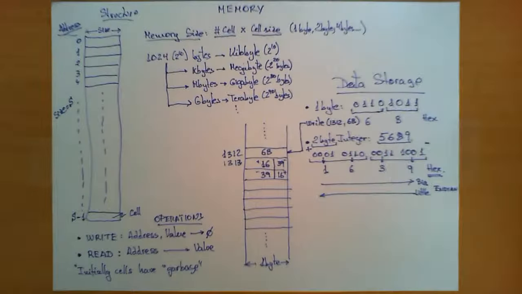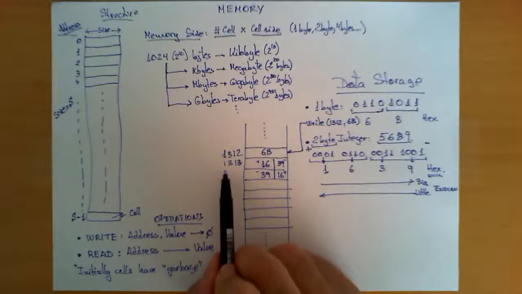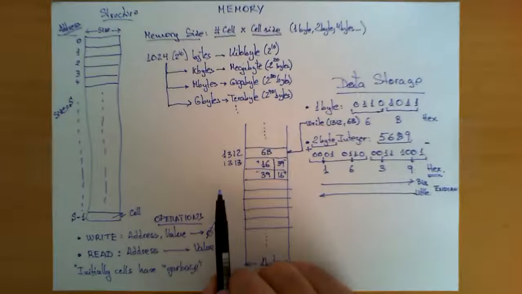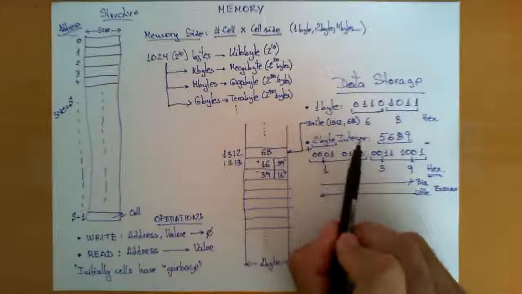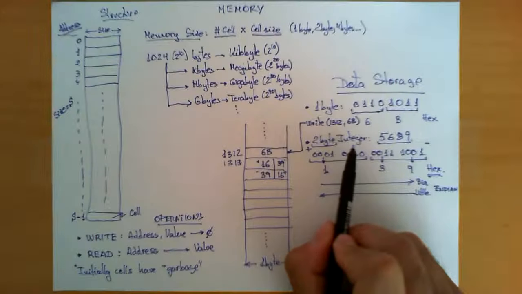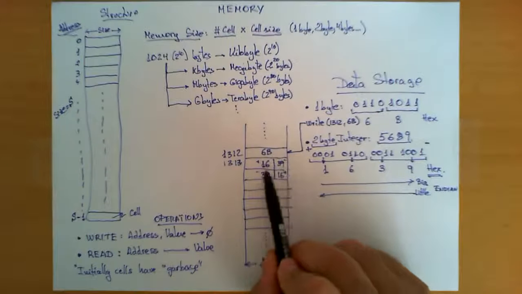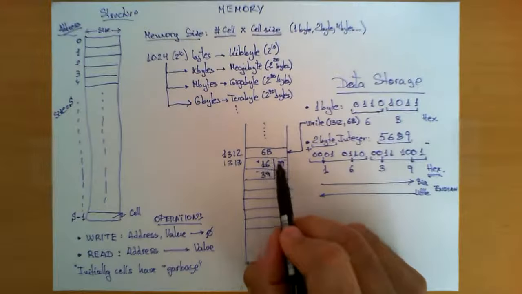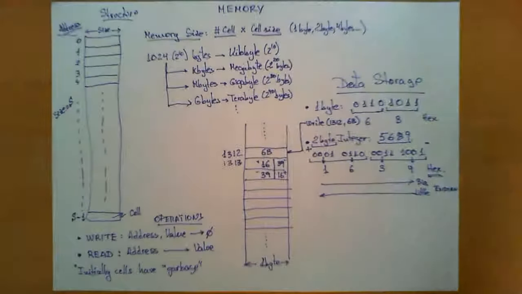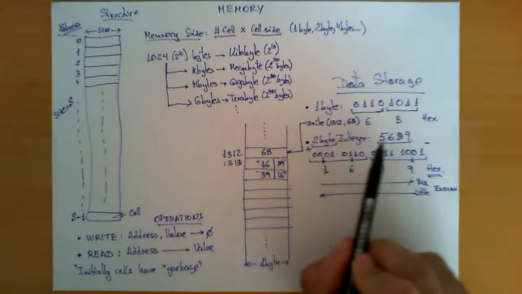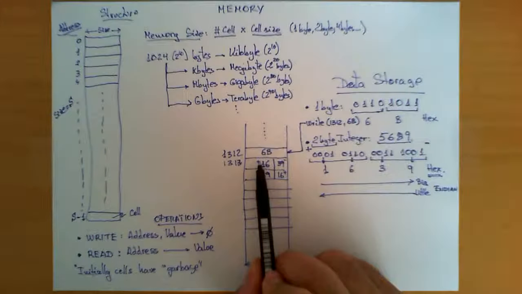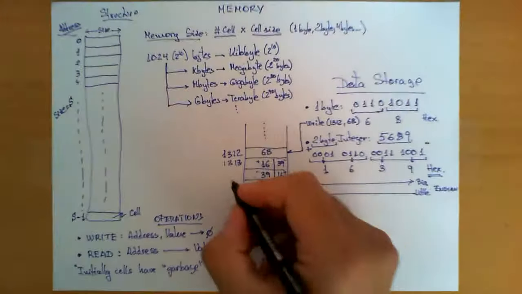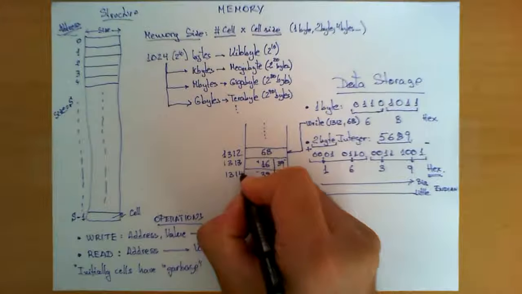What does it matter? Well, it only matters if I tell you that in position 1313 I have previously stored a 2-byte integer. Then I need to tell you also if the policy to store the number is little or big endian, so that you know which is the right order to get your bytes. The important thing to remember here is that the 2-byte integer takes 2 consecutive cells in memory, 1313 and 1314.